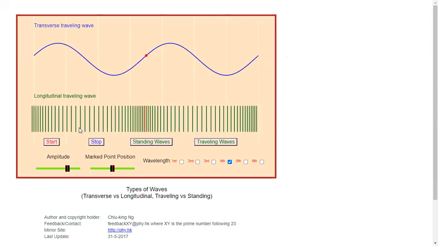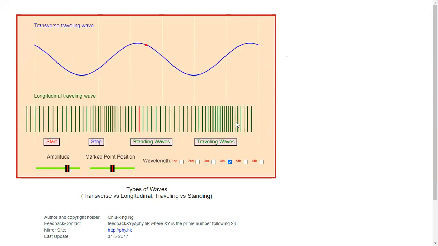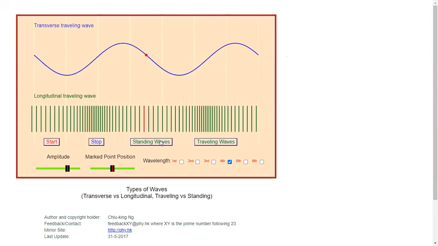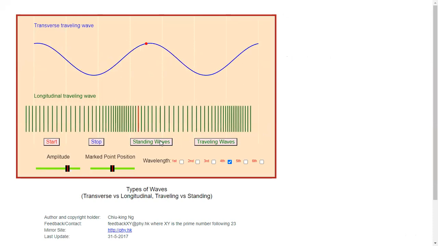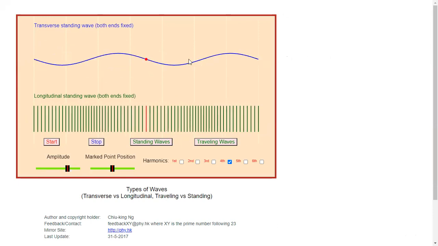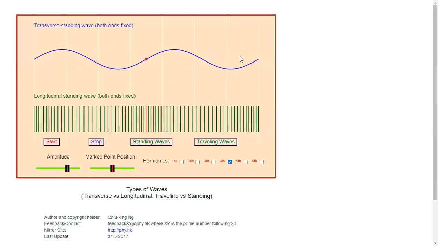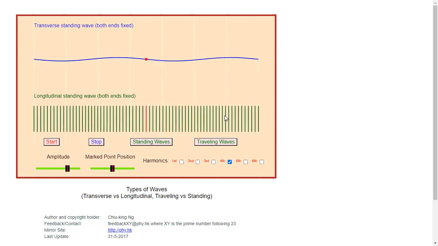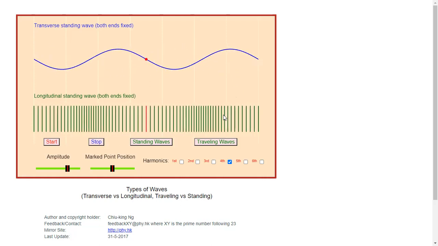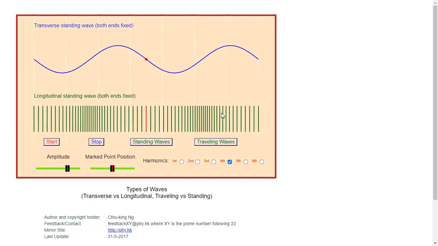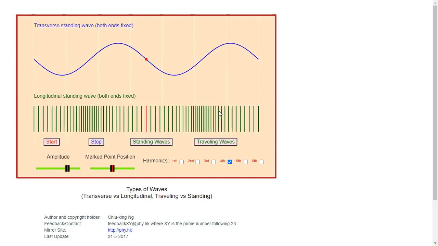And over here, the green wave is also going to the right. But if we were to change it to standing waves, you'll notice that the blue wave doesn't seem to be going to the right anymore, but seems to be staying in place. And the green wave, similarly, seems to be staying in place. How this occurs is related to something called interference that we'll be looking at as we study more.